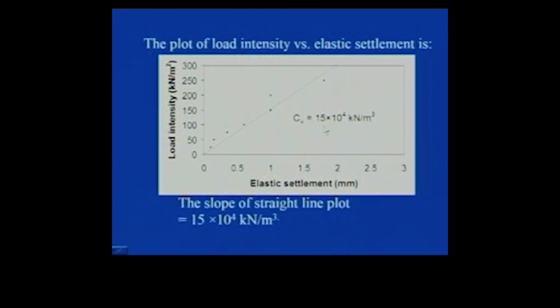However, the area of the foundation can be quite high, and in the statement of the problem it has been given that we have to get these coefficients for a base area of 10 meter square. However, the base area of the test plate is 0.09 meter square. So, we have to convert this value of Cu which is for the plate to the corresponding value of the foundation, so that we can use this data confidently as far as analysis of the foundation is concerned.